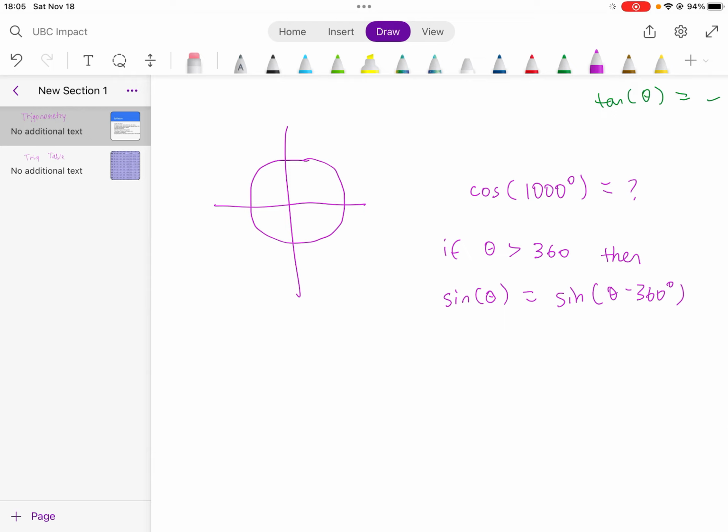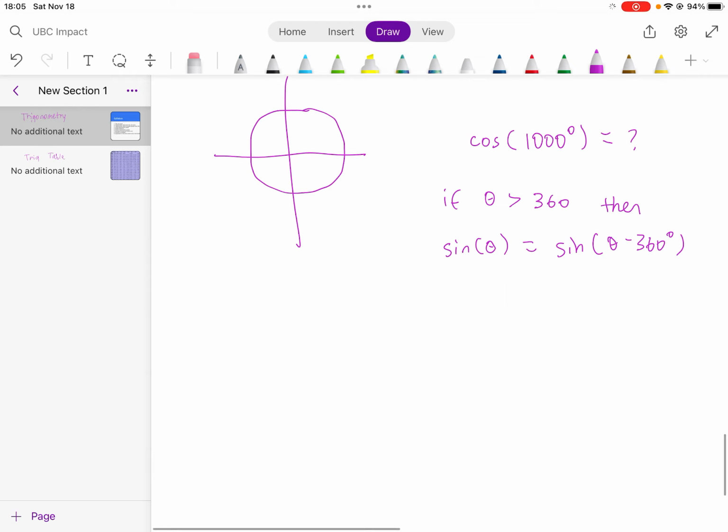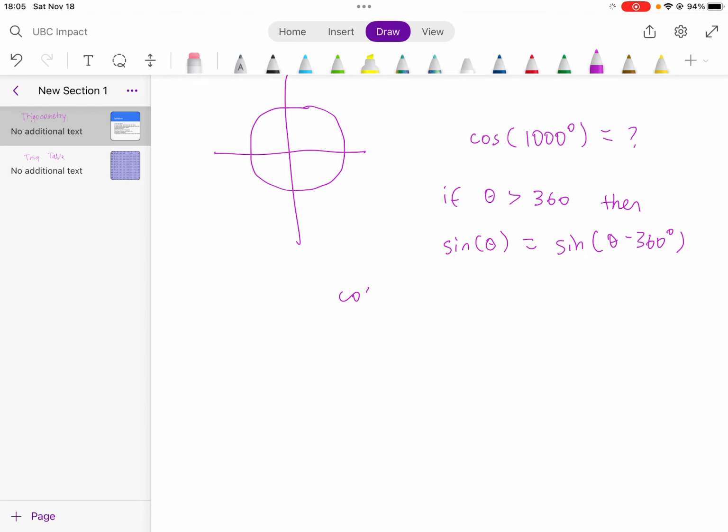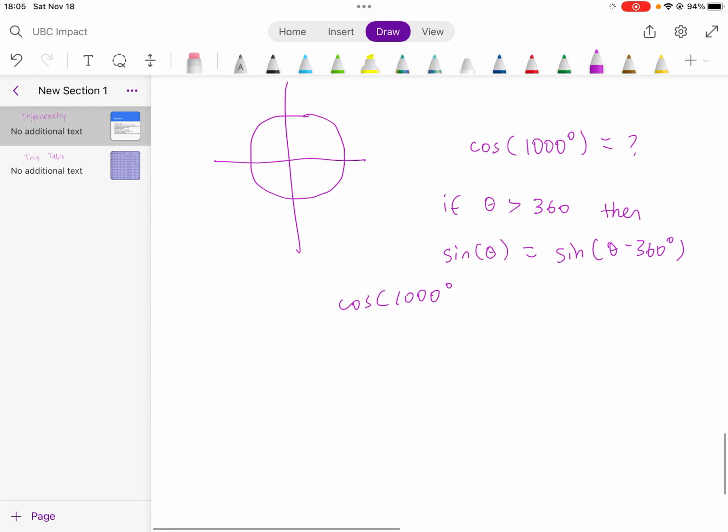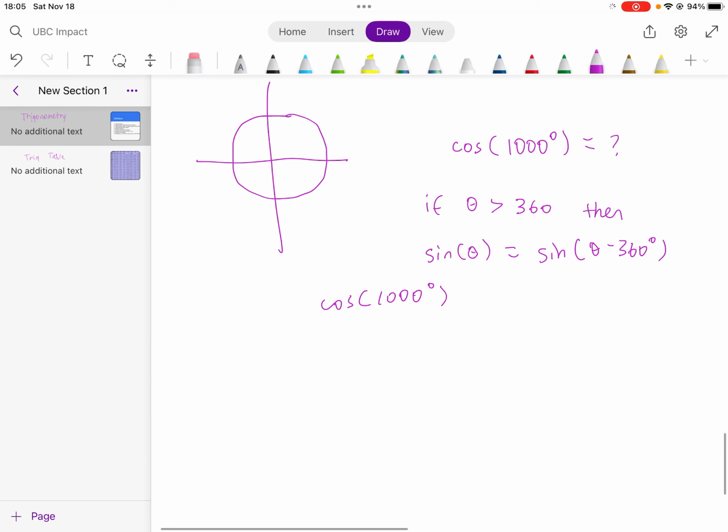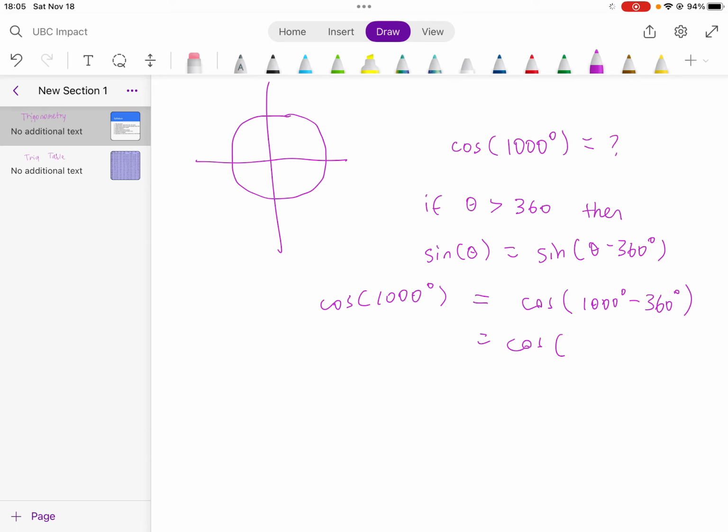And so let's apply this rule to find the cosine of 1000. 1000 is greater than 360, and so this would be equal to the cosine of 1000 degrees minus 360 degrees, which is the cosine of 640 degrees.